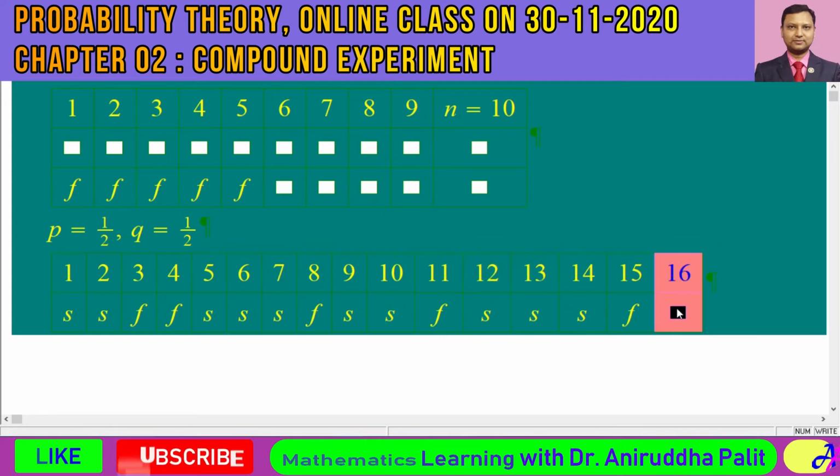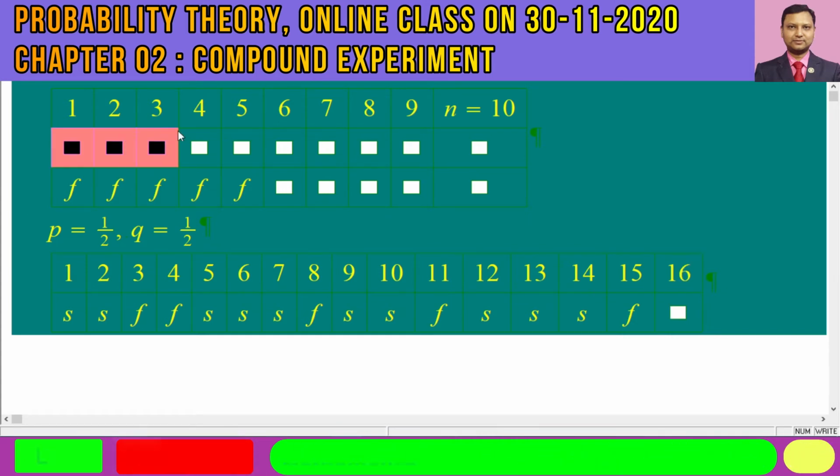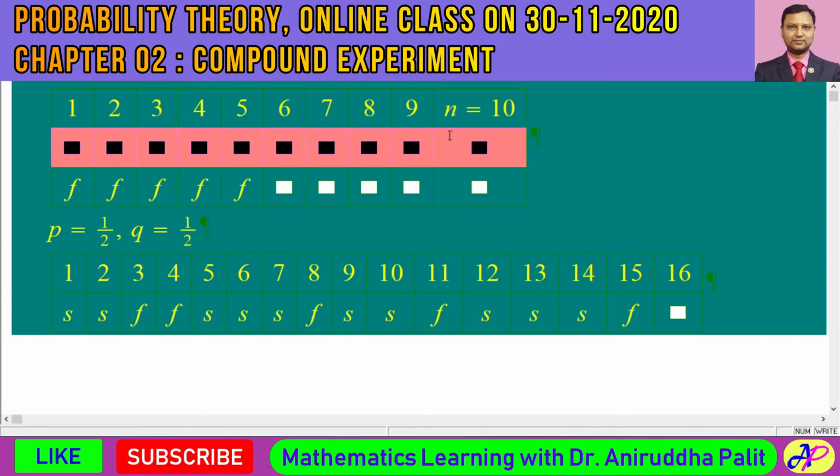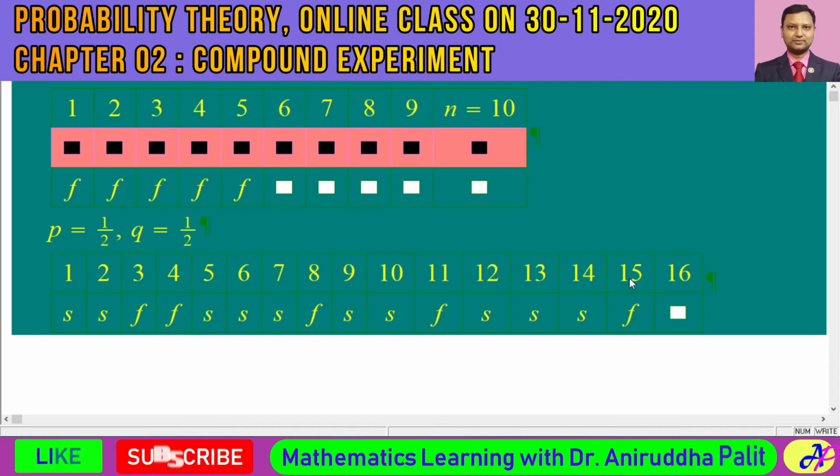But at the 16th trial, he first observes that the first box has already been empty.